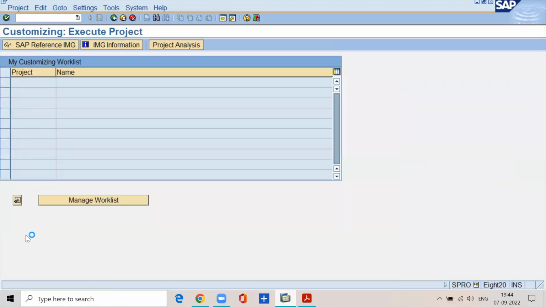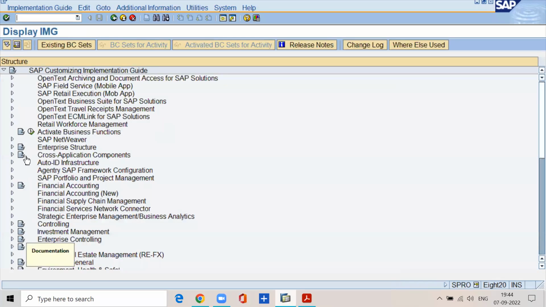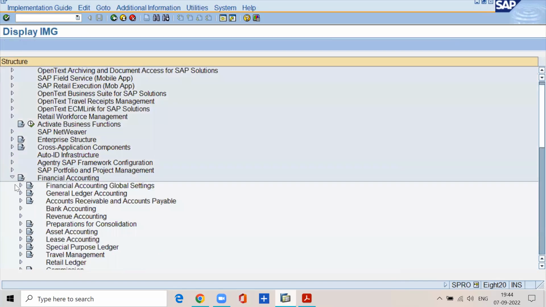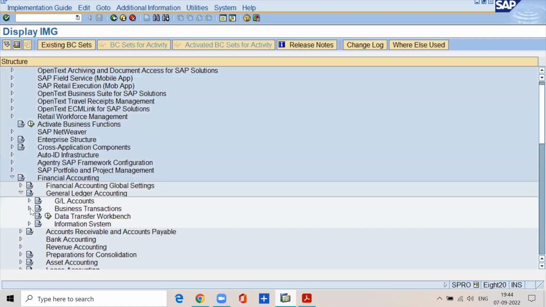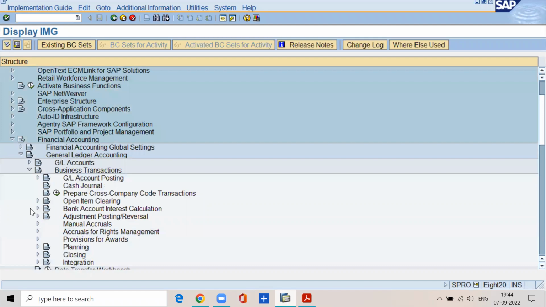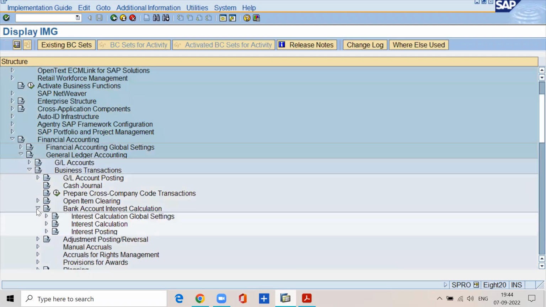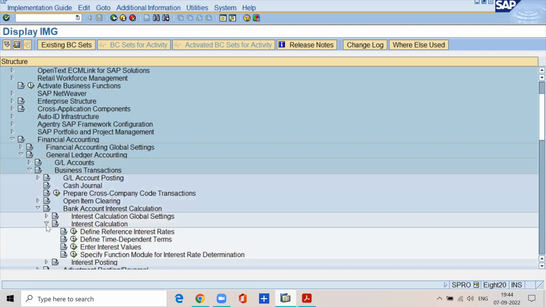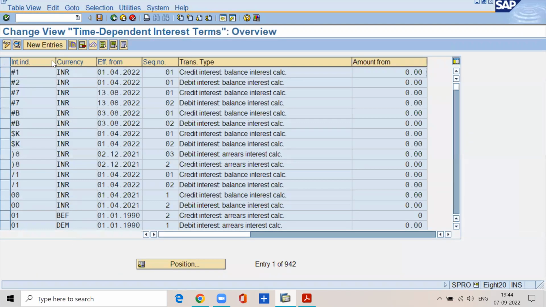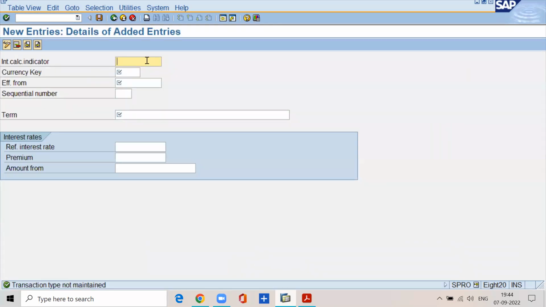SPRO, Financial Accounting, General Ledger Accounting, Business Transactions, Bank Account Interest Calculation, Interest Calculation, Define Time Dependent Terms. Click on New Entries.